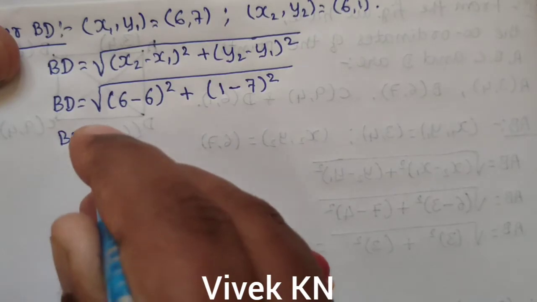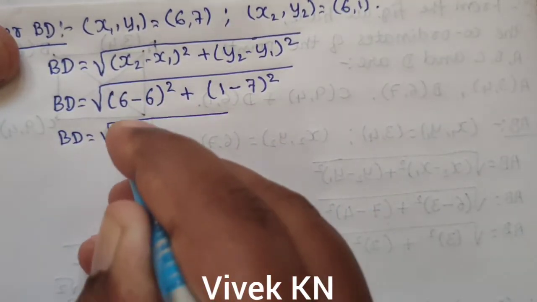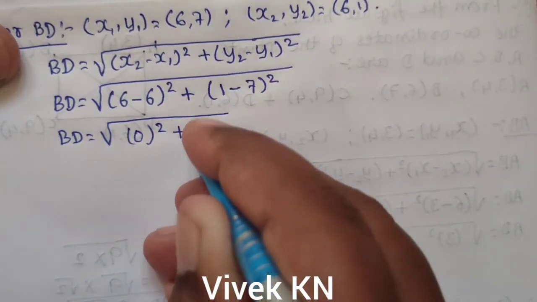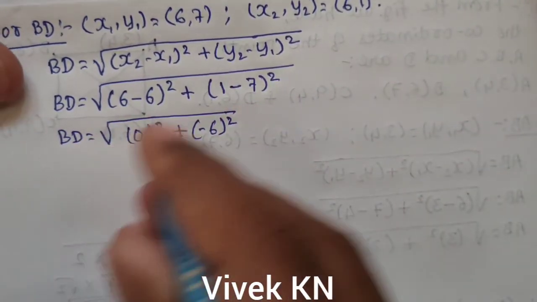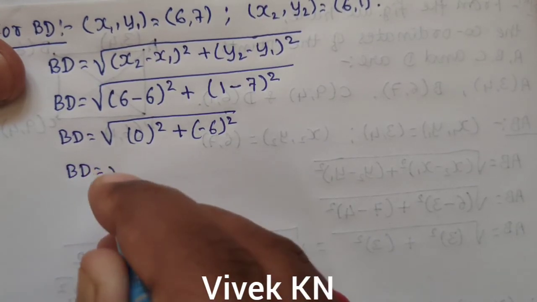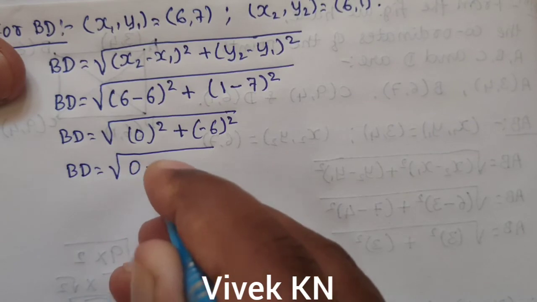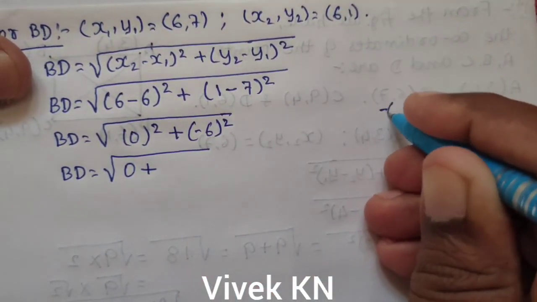BD is equal to under root of 6 minus 6 is 0 whole square plus 1 minus 7 is minus 6 whole square. That is BD is equal to under root of the value of 0 square is 0 only plus the value of minus 6 whole square.